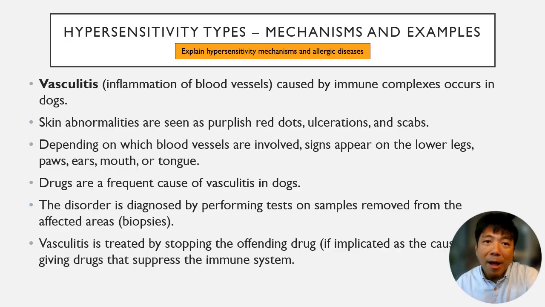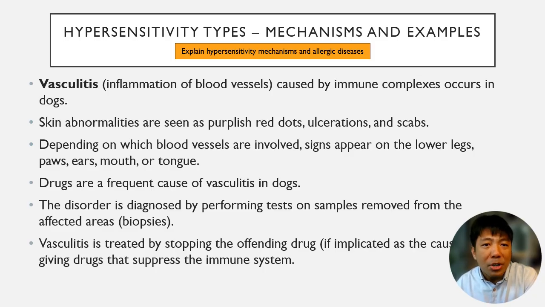Let's talk about vasculitis. It's another immune-related disorder which involves inflammation of the blood vessels, often seen in dogs. It can manifest as skin abnormalities such as purplish red spots or ulcers, particularly on the lower legs, paws, ears, and other areas.